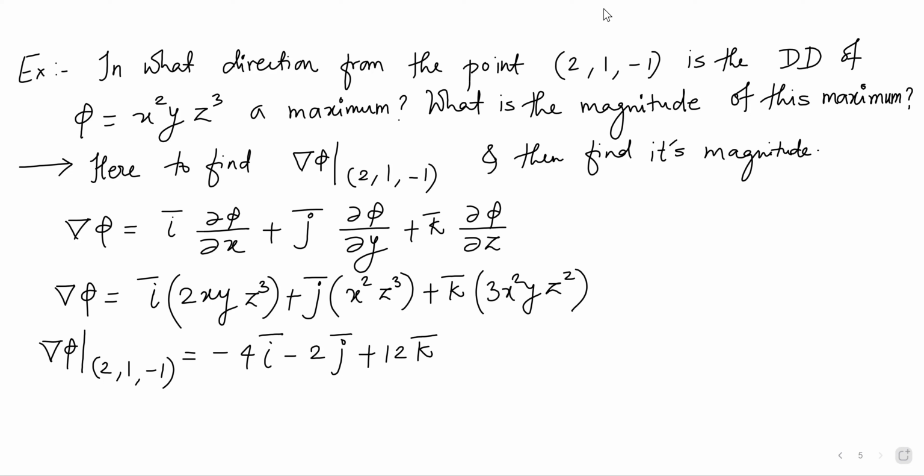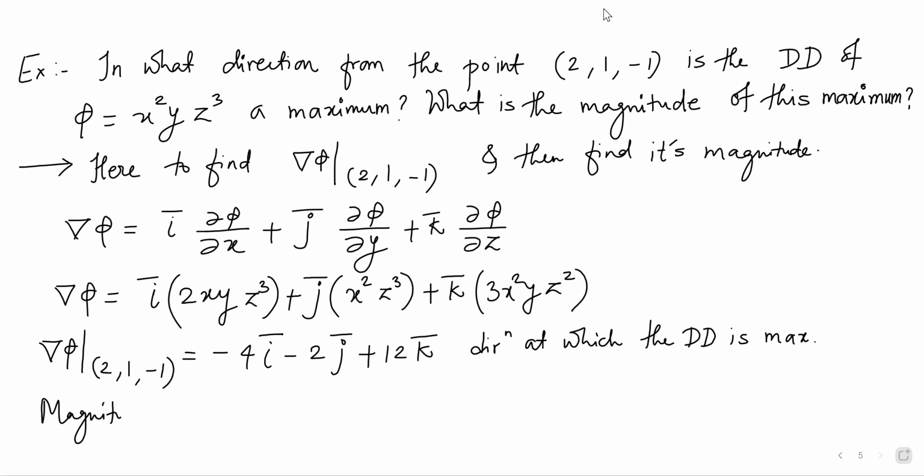So this is the direction at which the directional derivative is maximum. Correct. Now, what do we find? The magnitude of this maximum.